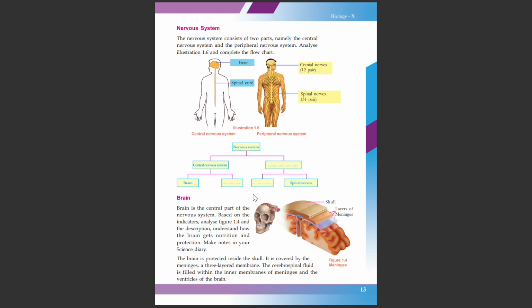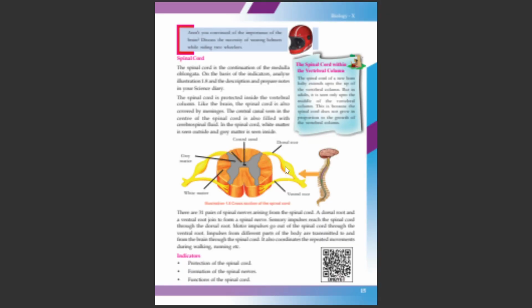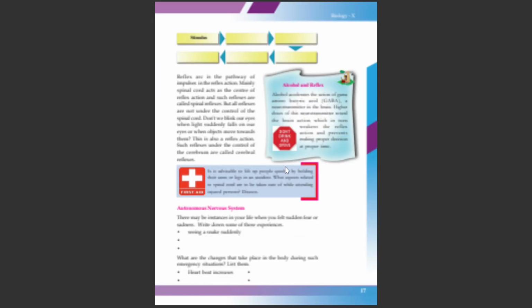Central has the brain and spinal cord. Autonomic has spinal nerves and cranial nerves.